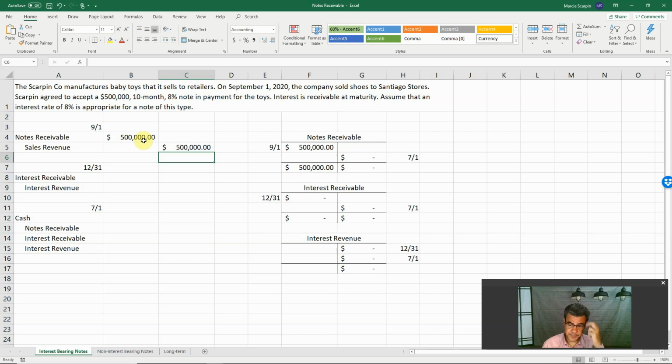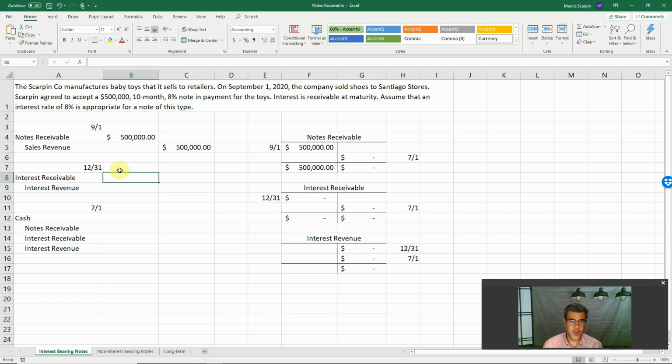In some countries, this accrual is required monthly. In most countries, just like the US, the accrual is required only when you will be presenting your balance sheet. So let's accrue this interest. How many months? December, that is one month.